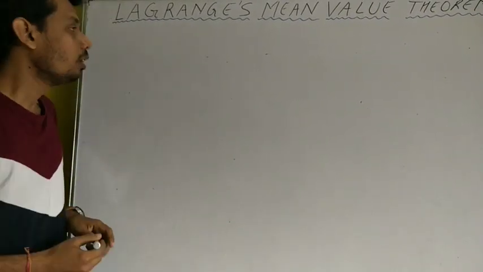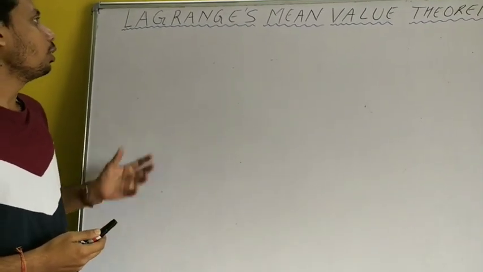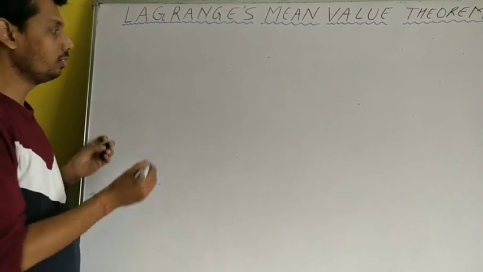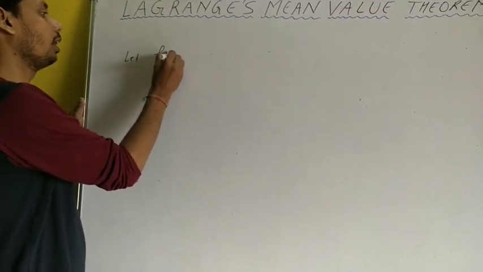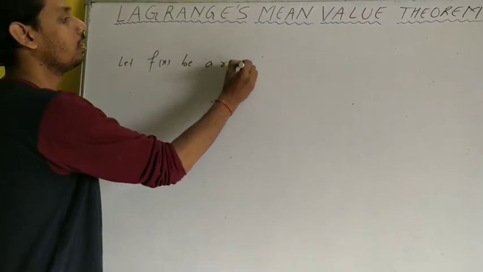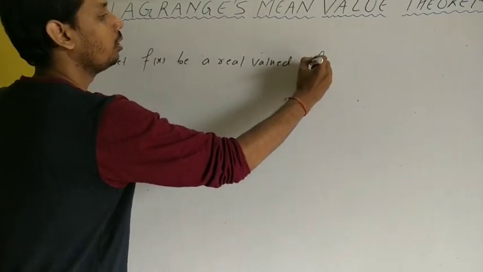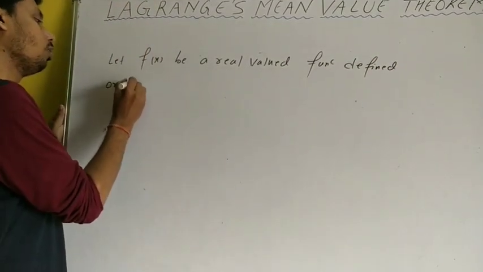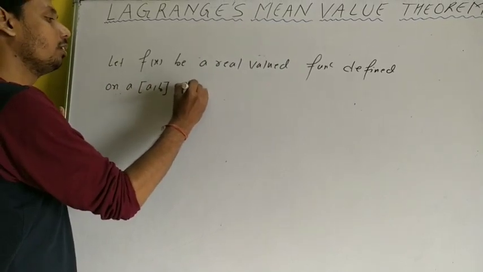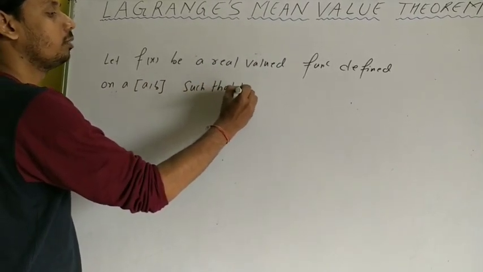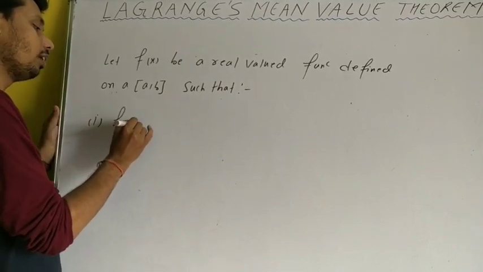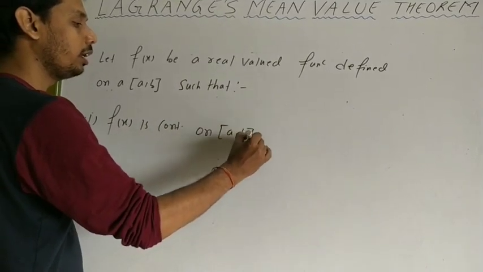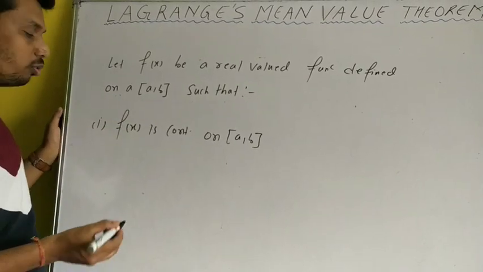According to Lagrange's mean value theorem, let f(x) be a real valued function defined on a closed interval a, b such that, first, f(x) is continuous on the closed interval a comma b, similar to that of Rolle's theorem.